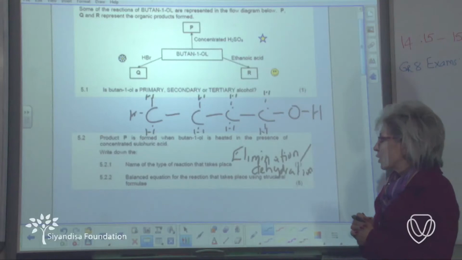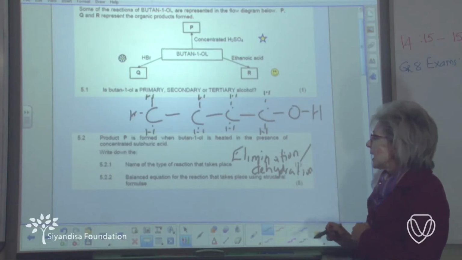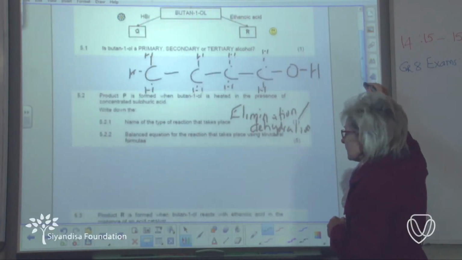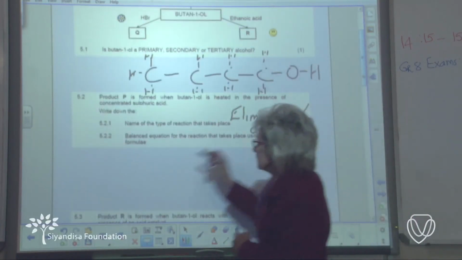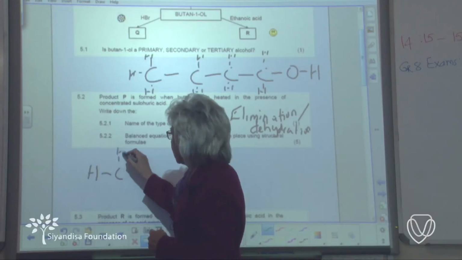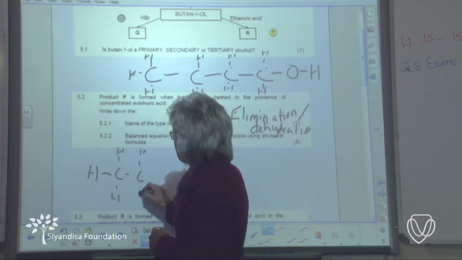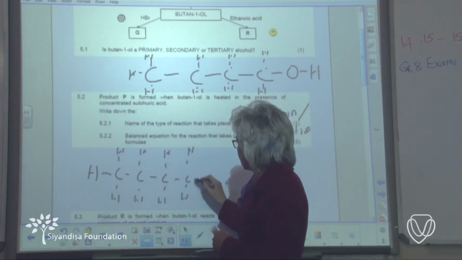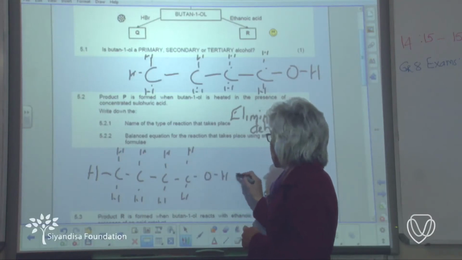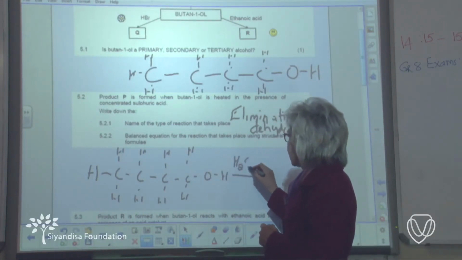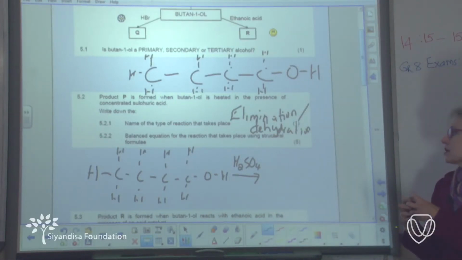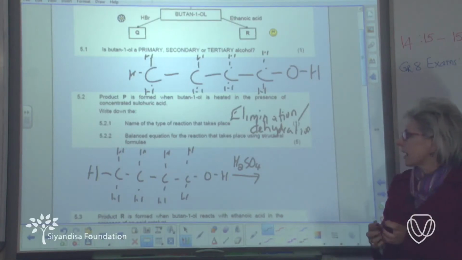And now they ask for the balanced equation for the reaction that takes place using structural formulae. So I am starting with the butane 1-ol. That's the one that I've been given. Structural formula. And the sulfuric acid is my dehydrating agent, and it is a catalyst in this reaction, so I do not need to acknowledge it in my product.